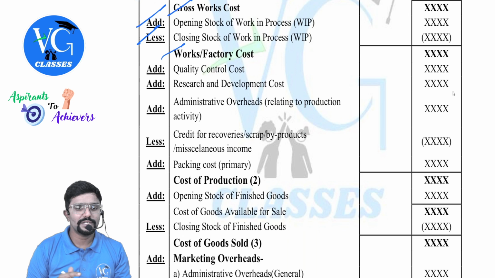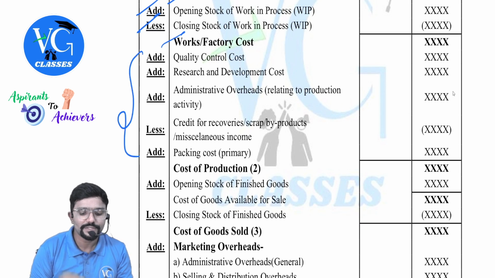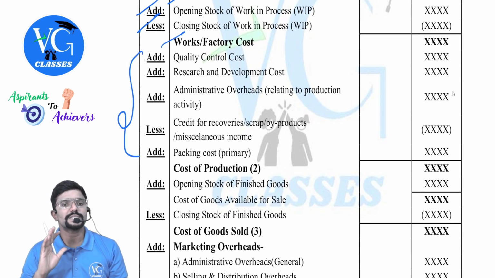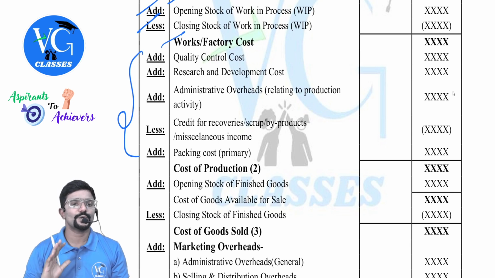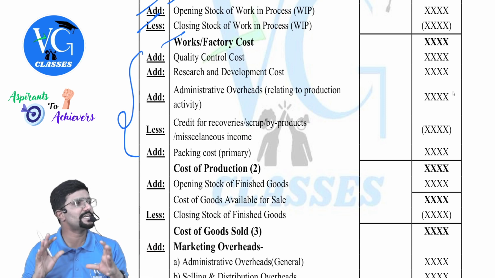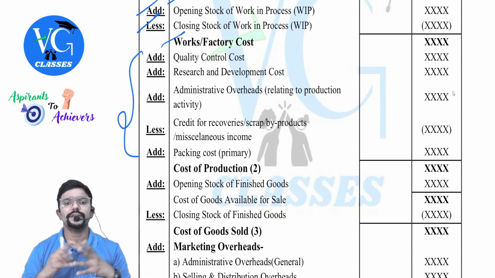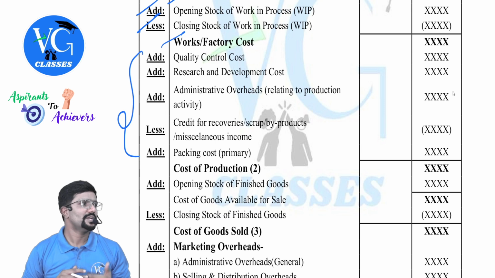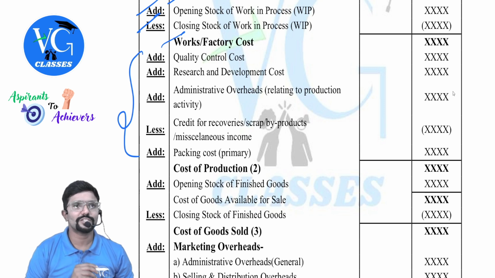Okay, so after this, all the special items will not come there, guys. Clear? What all is there, sir? After factory cost, quality control cost, research and development cost related to product or process, then administrative overhead related to production, credit for any recoveries like scrap value, then primary packing cost. If I add up all this, what do I get? Cost of production.